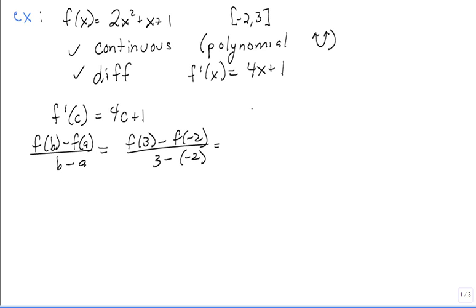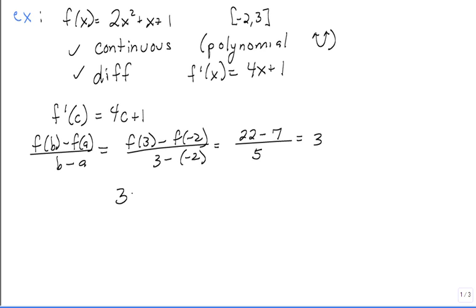So plugging in 3 into the function, I get 18 plus 4, which is 22. At negative 2 it is 8 minus 6 plus 1, which is 7, all over 5. And that's 3.